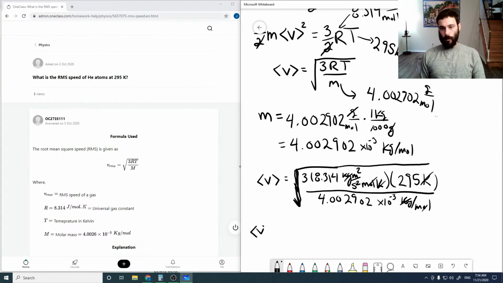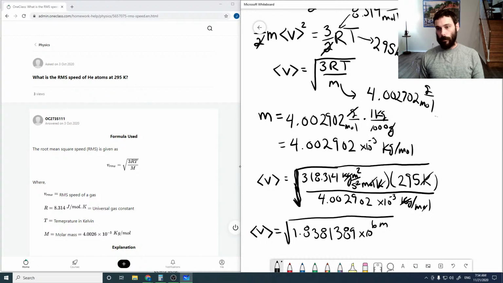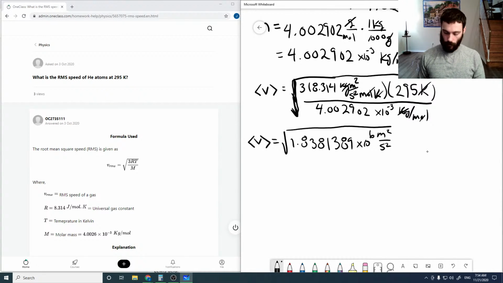So then our average speed, running this all through a calculator, square root of 1.838138 times 10 to the 6 meters squared per second squared, or our average speed is 1.36 times 10 to the 3 meters per second, just rounding at the very end.